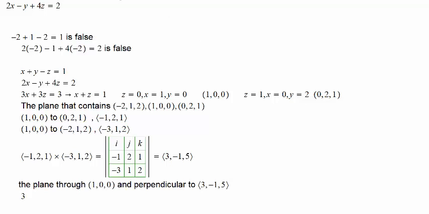You can write it directly using the dot product, right? 3 times (x minus 1), then minus 1 times (y minus 0), plus 5 times (z minus 0). So the dot product has to be 0. So the equation of the plane will be 3x minus y plus 5z equals 3.